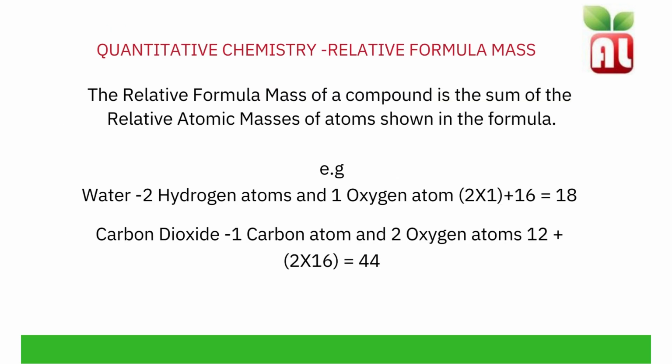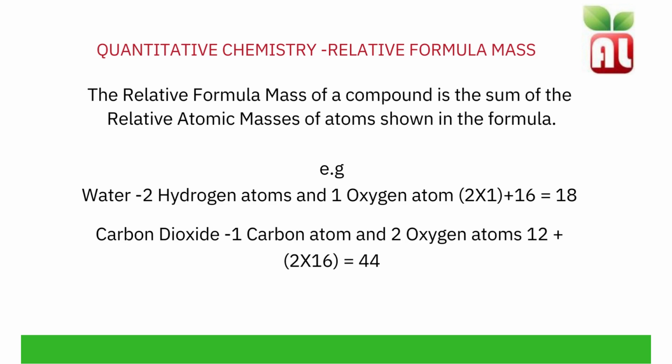Relative formula mass. The relative formula mass of a compound is the sum of the relative atomic masses of atoms shown in the formula. For example, water has the formula H2O, meaning 2 hydrogen atoms and 1 oxygen atom form water.